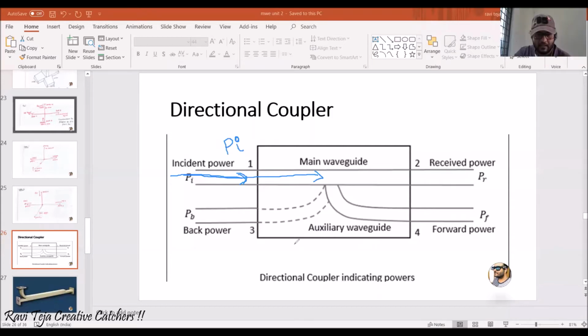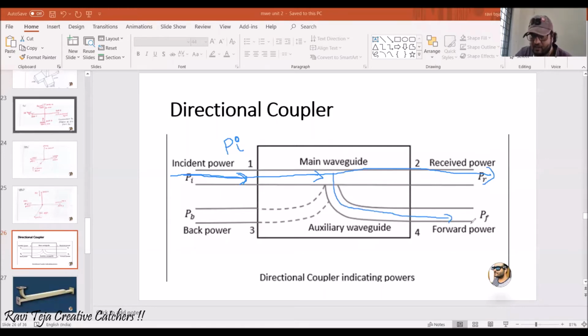Yeah, see. As it is traveling from port 1, we have three outlets, port 2, port 3 and port 4. As this microwave signal or the energy is transmitting, it directly goes to port 2. Some energy will be split to port 4.